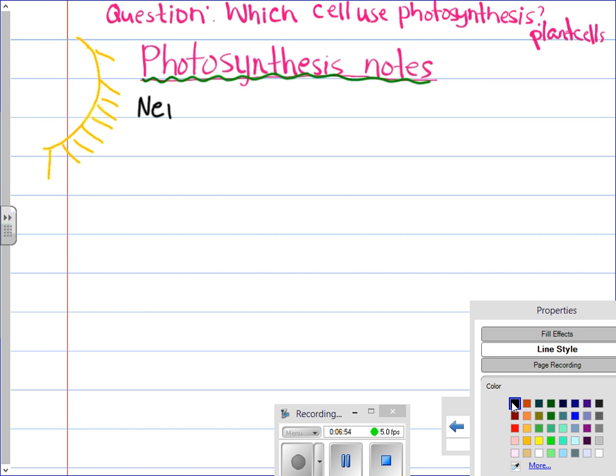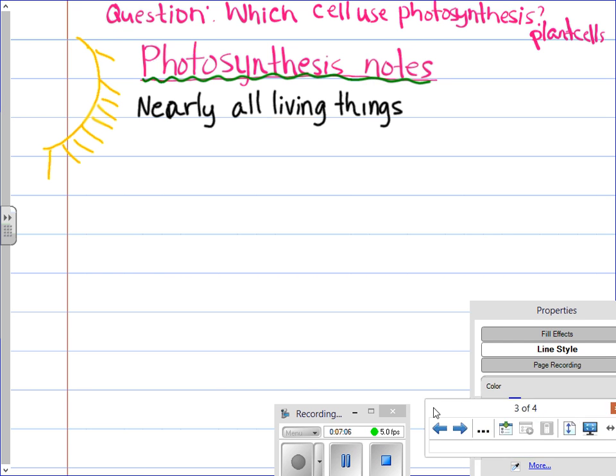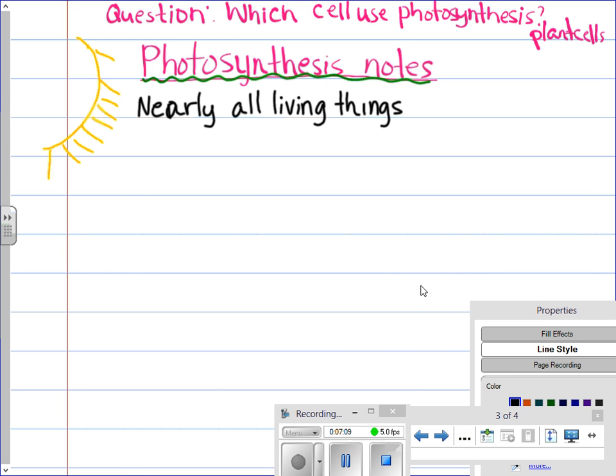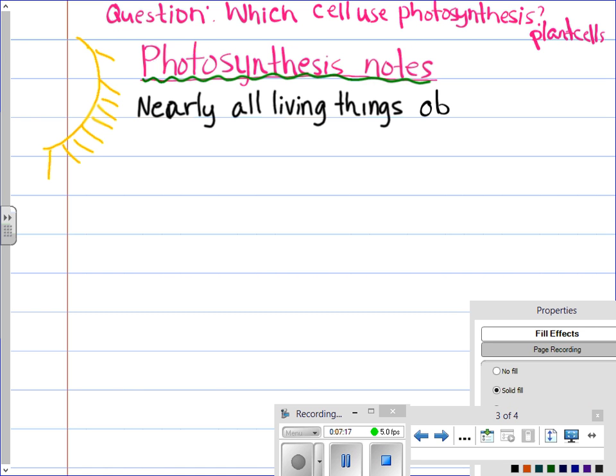So nearly all living things, stay with me because I'm writing it with you, so you should be caught up with me. Nearly all living things obtain energy either directly or indirectly.